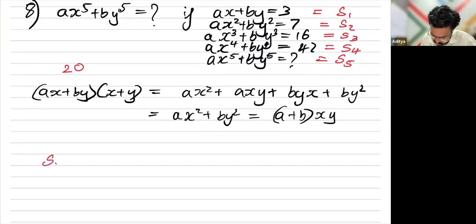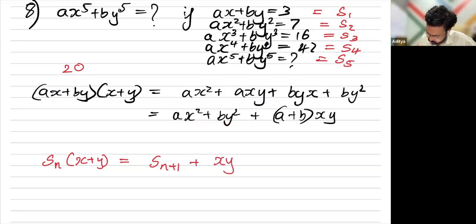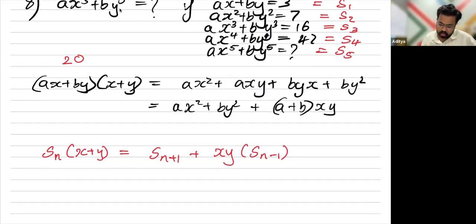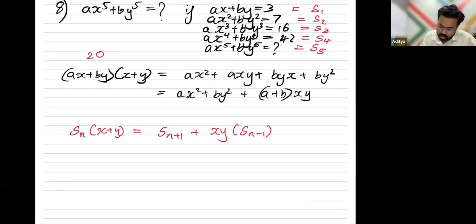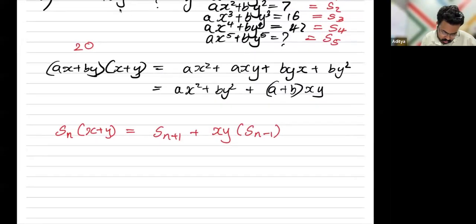And you can write that Sn times x plus y is equal to Sn plus 1, which is the next term, plus xy times Sn minus 1. So this is probably what the recurrence relation Sumit was talking about. And from here you can get two equations.